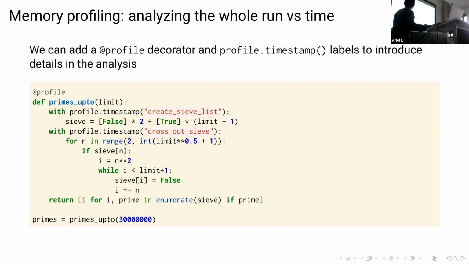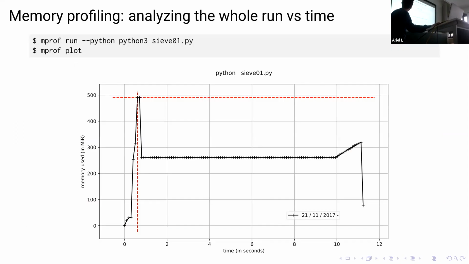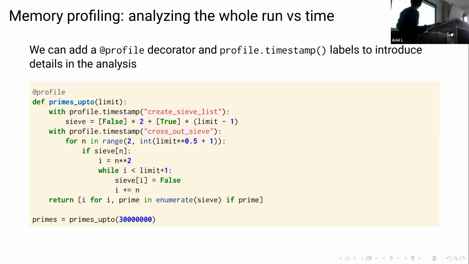In principle, here we just ran this without touching anything, we didn't add any decorator. It is the original code from the first slide. But the module provides some methods for adding more information on the plot.